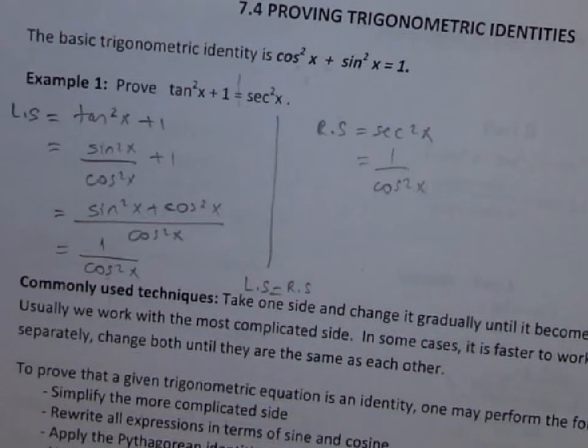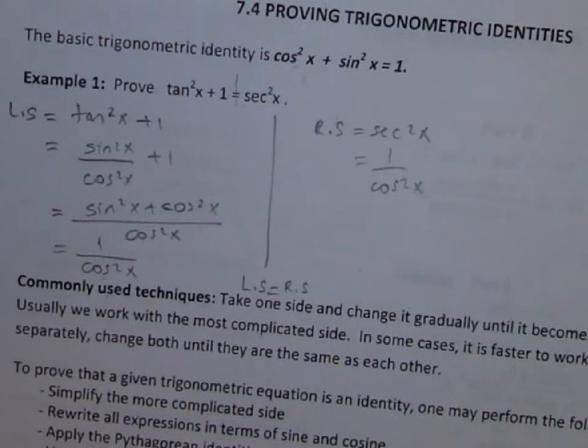With these questions, when we say prove, we give you an equation and then we say prove. We are not trying to trick you. If it says prove, it is true. So at the end, you should not be getting left side not equal to right side. If you are not getting left side equals right side, it means you are making a mistake. So if you say prove, yes, it is something provable. It is true.